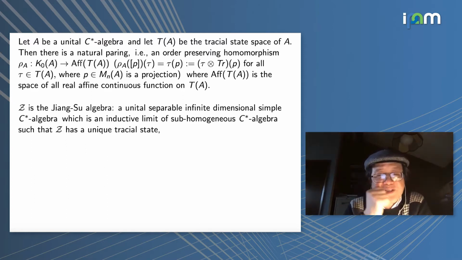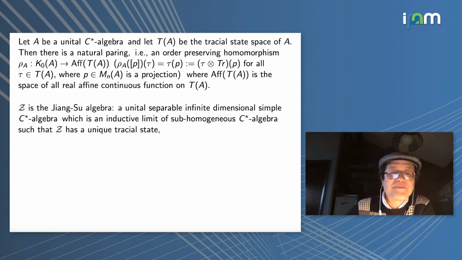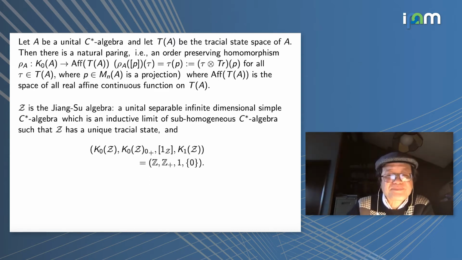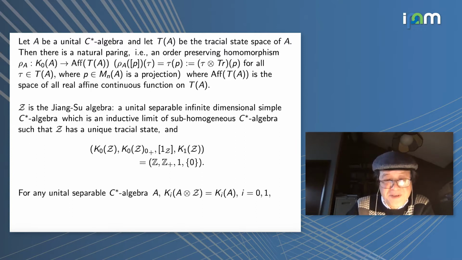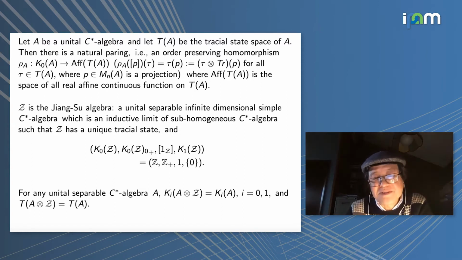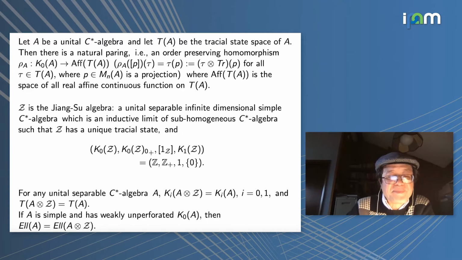Again, Z is the Jiang-Su algebra, a unital separable infinite dimensional simple C-star algebra, which is an inductive limit of subhomogeneous C-star algebras, and has the same Elliott invariant as the complex field. As I mentioned before, you start with any unital separable C-star algebra, and as a group, the K theory doesn't change after tensoring with Z, and the tracial state space will be the same.